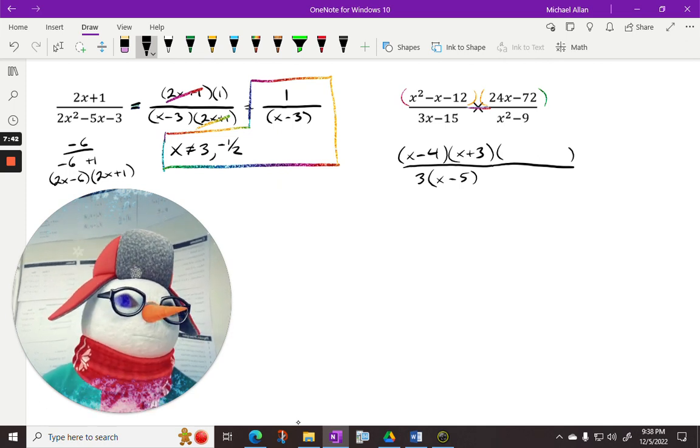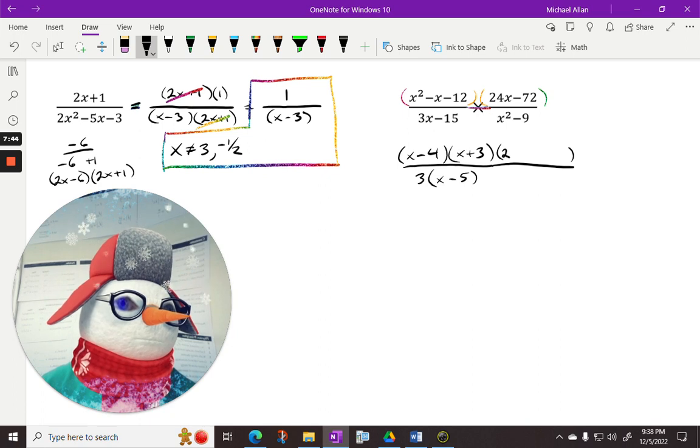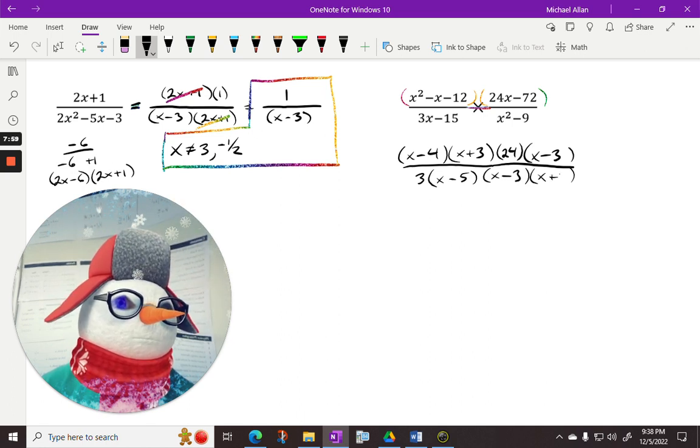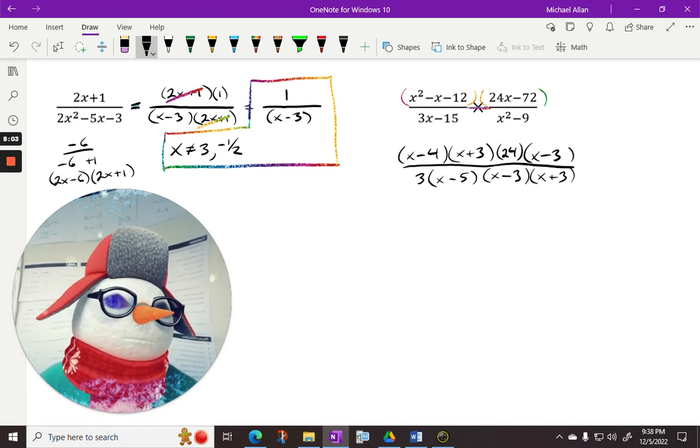What was I thinking? All right, so let's divide them both by 24. So let's factor that 24 out. So I get x minus 3 here. And on the bottom, that's the difference of squares because 9 is a perfect square. So x times x, and then -3 plus 3. So you can see that I kind of just got rid of the times sign because it doesn't really matter in this case.